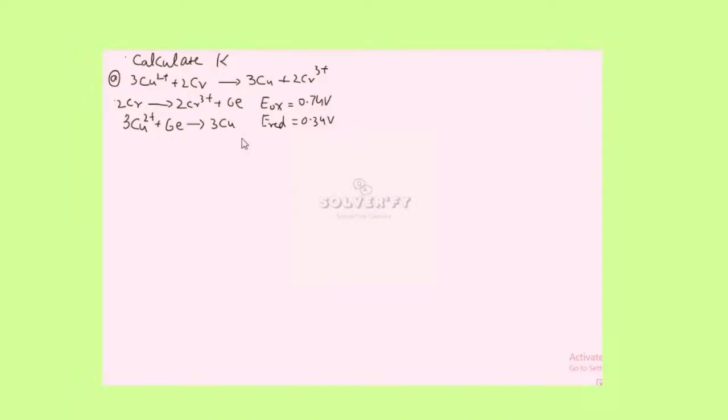Combining equation 1 and 2, we get the E cell. E naught of the cell is equal to E oxidation plus E reduction, which is equal to 1.08 volt.